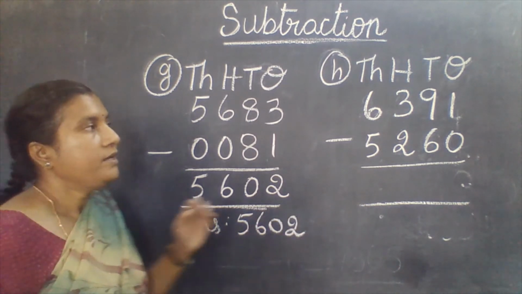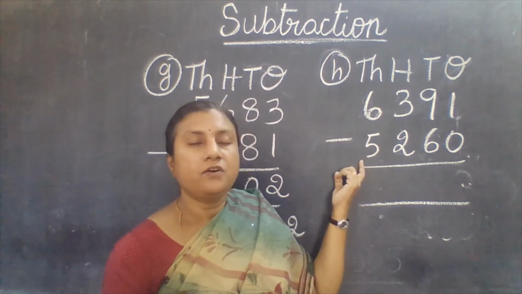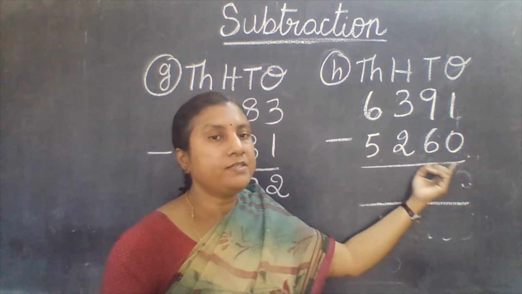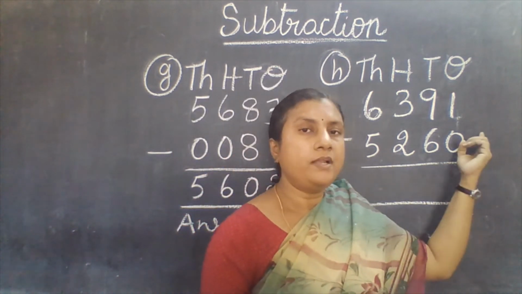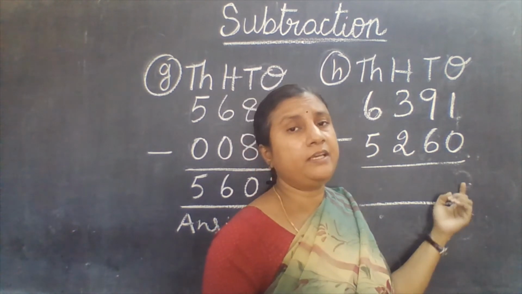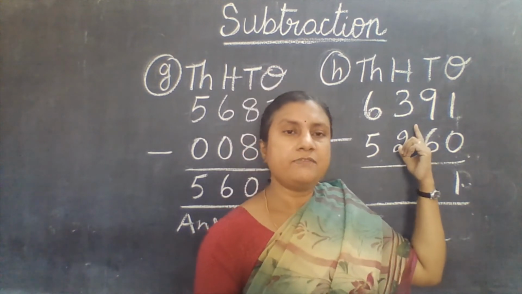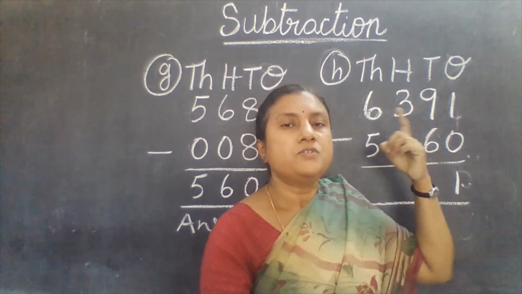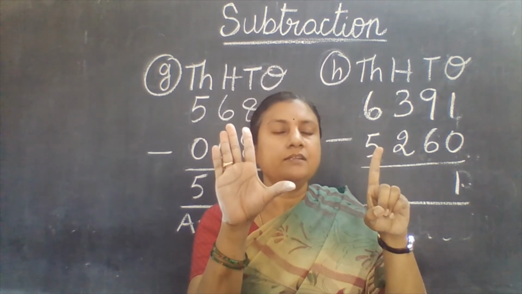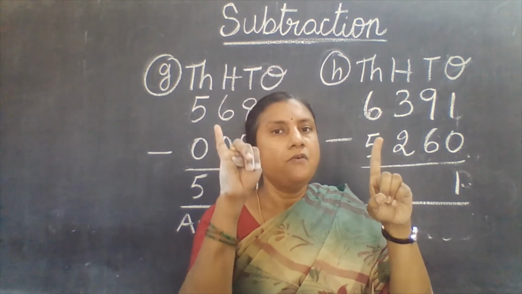So what is the answer? 5602. Here we have 6391 and 5260 to subtract. We have to start from ones place only. 1 and 0 are there in ones place. According to 0 property, the difference will be 1. In tens place, we have 9 and 6 to subtract. So 9 in your mind, 6 in your fingers. Before 9: 8, 7, 6, 5, 4, 3.